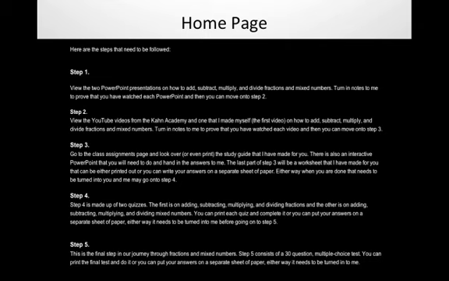Step 5 is a test, a multiple choice test that is 30 questions on adding, subtracting, multiplying, and dividing mixed numbers. And again, I gave them the option of putting the answers on a separate sheet or printing out the test and writing right on that.